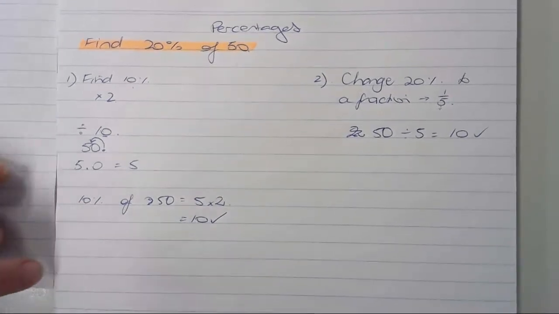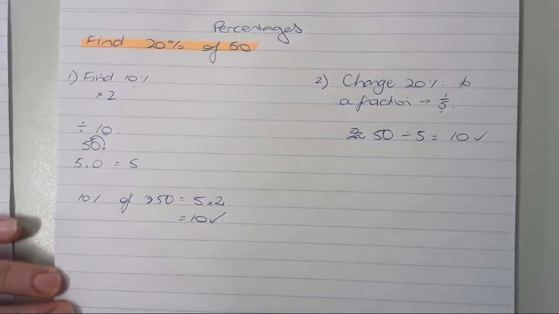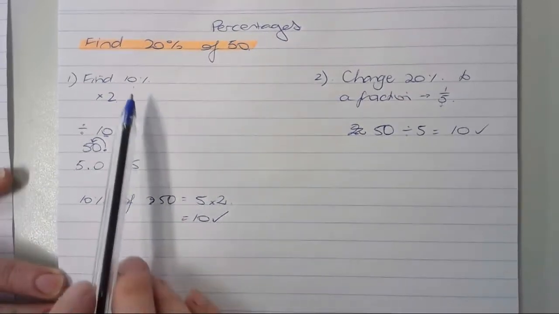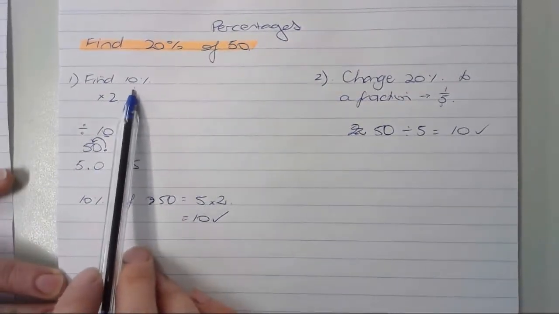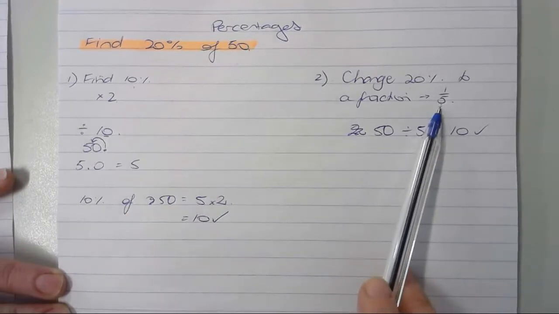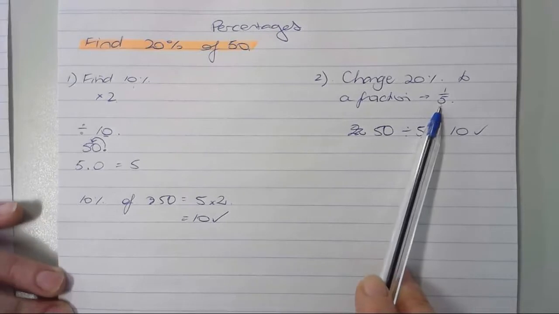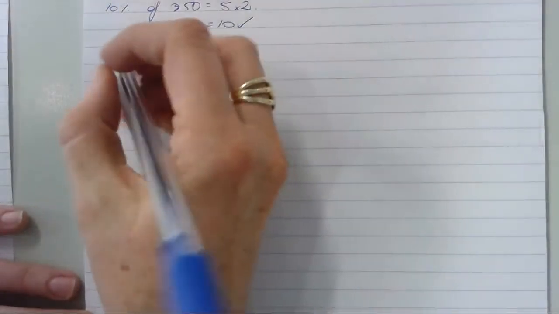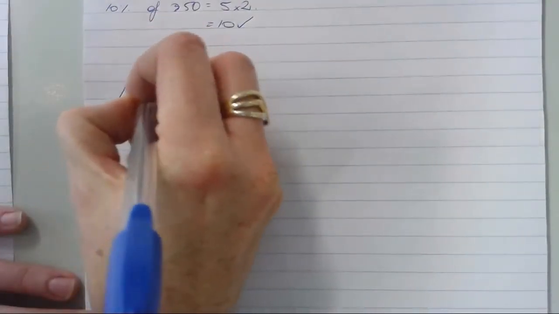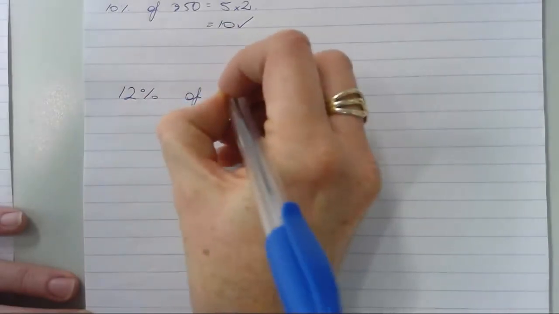Now you might occasionally get a question where finding 10% doesn't really help, and the fraction that the percentage is equal to is also a bit tricky to recognize straight away. So you have another option for those types of questions. An example would be 12% of 150.